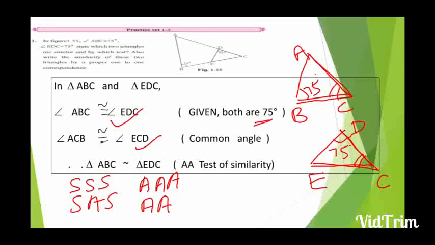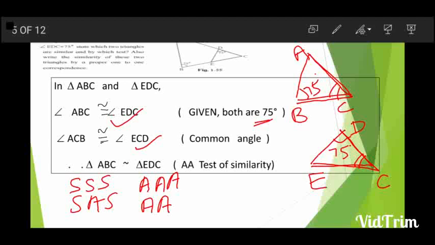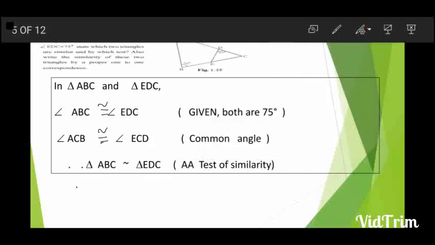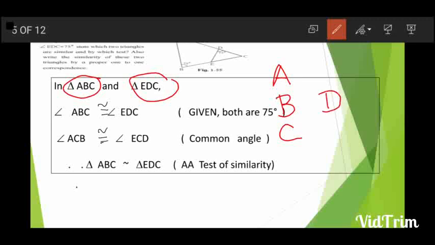Now children, one more thing I forgot to tell you: while writing the names of the triangles, we should be very careful. For example, for the first triangle, if I write the alphabets A, B, C, then in the second triangle find which angles are congruent. Here B is 75, then here D is 75. Angle C is congruent to angle C. Then the remaining alphabet in the second triangle, that is E, we will write.